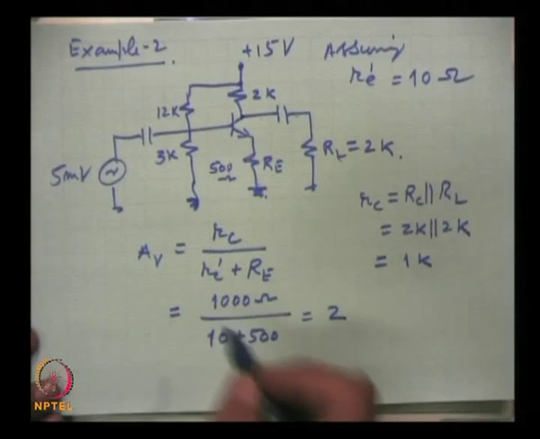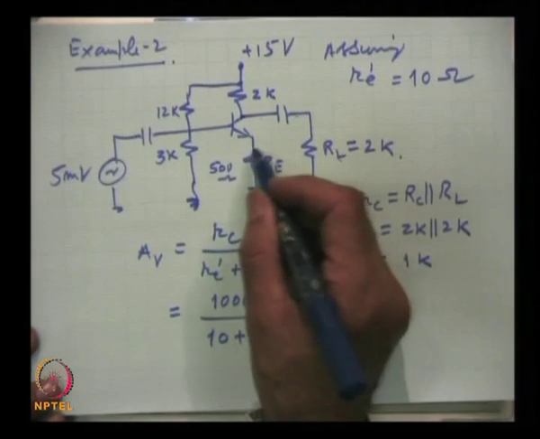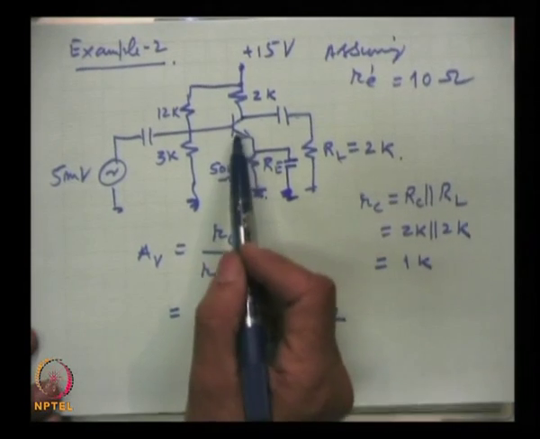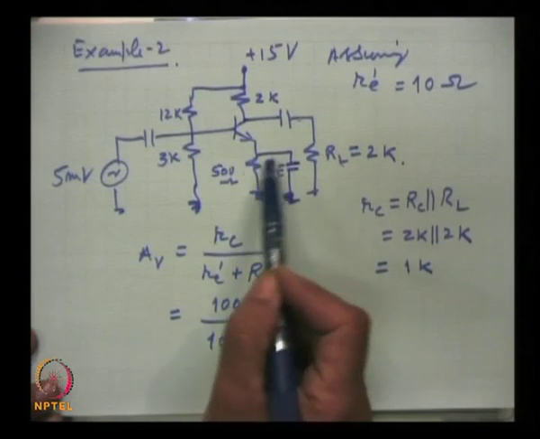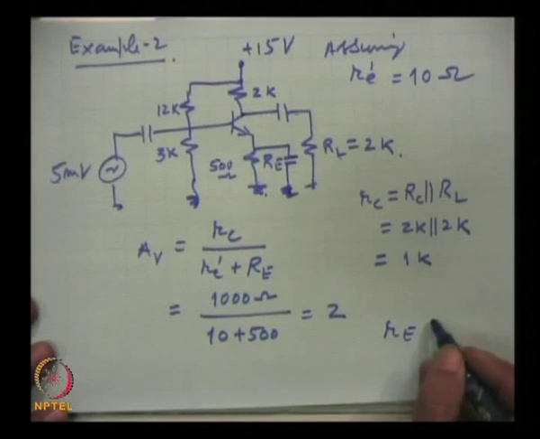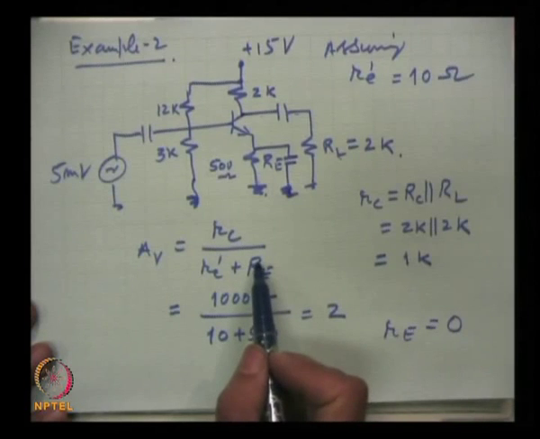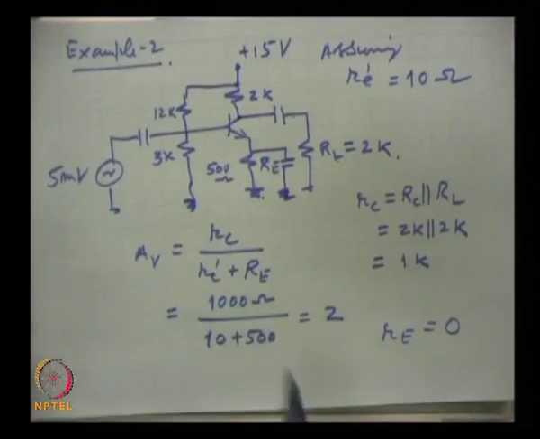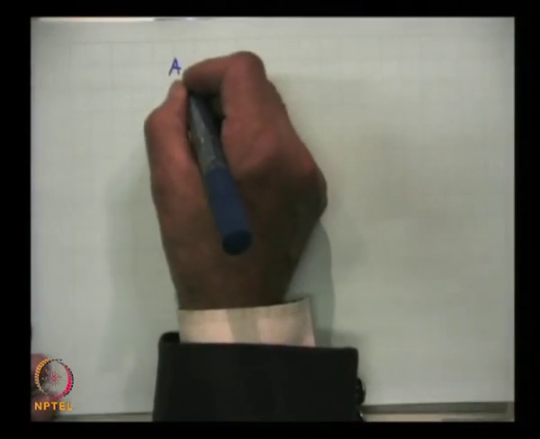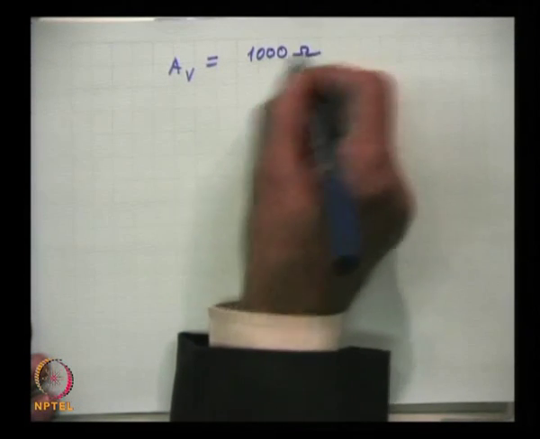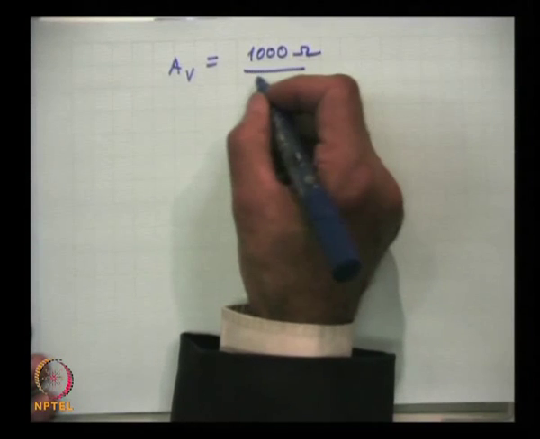And if we make this bypassed, then AC will pass through it, and effective AC resistance, that is R E, becomes 0. So, in this expression R E will be 0 here, and we are left with the voltage gain in this case simply 1000 ohms divided by 10.